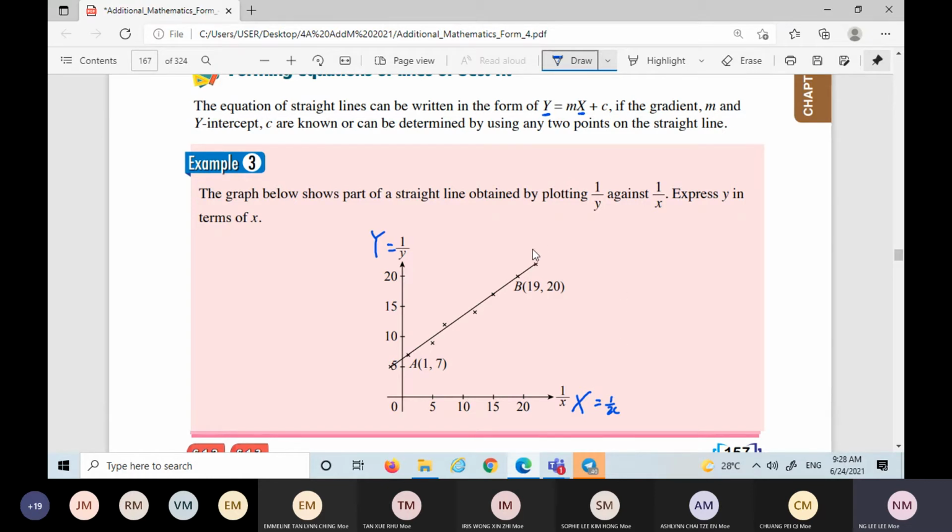Actually it's the same thing. This one you have learned, I think so. Did you learn the gradient as y2 minus y1 over x2 minus x1? Do you remember which form you learned this?